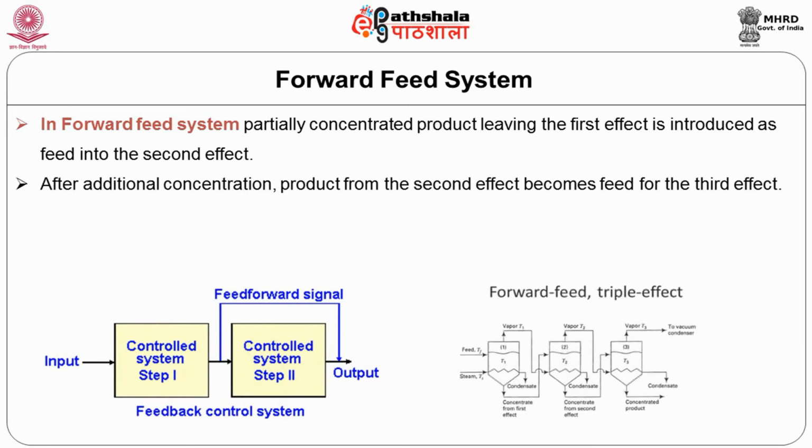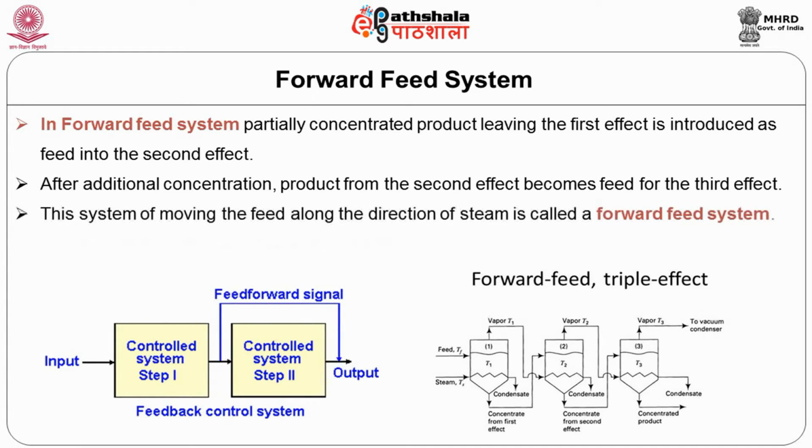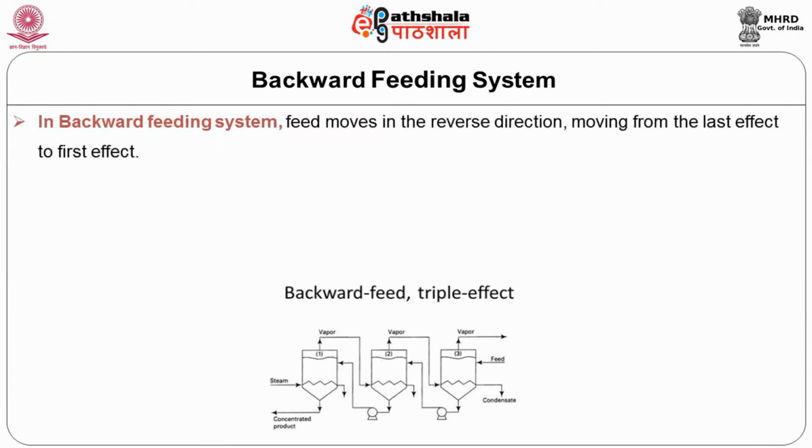After additional concentration, product from the second effect becomes feed for the third effect. This system of moving the feed along the direction of steam is called the forward feed system. In this system, the feed will flow without pumping. In the backward feeding system, feed moves in the reverse direction.